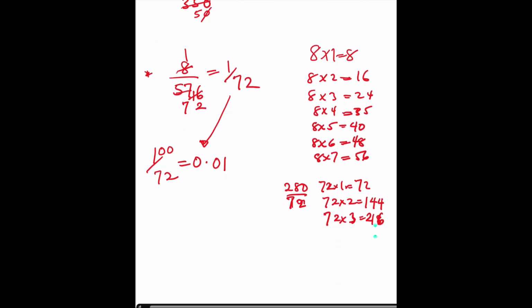And if we do 72 times 4, that should give us 288.